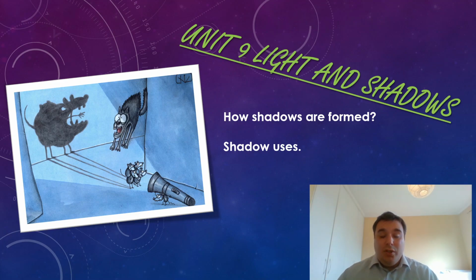So, no sunlight, no life. Also, light enters our eyes so we can see. And of course, there are some uses for lights, such as traffic lights or lamps, so we can see when it's dark or we can have more order when we move on streets. So, let's start with the shadow part of the unit. Let's begin.